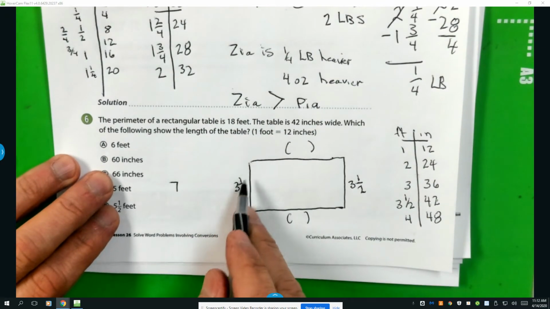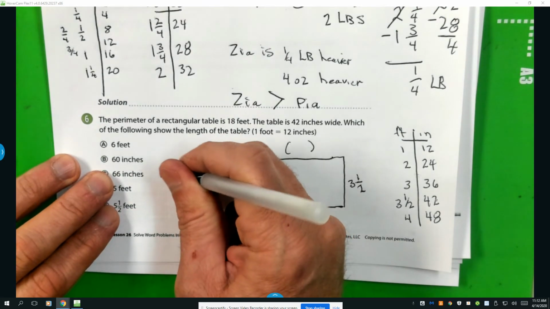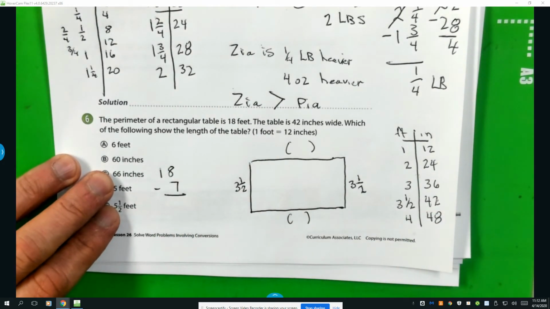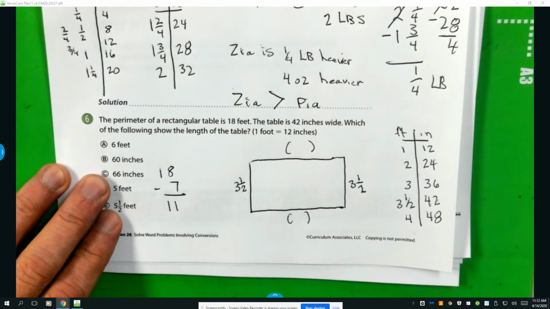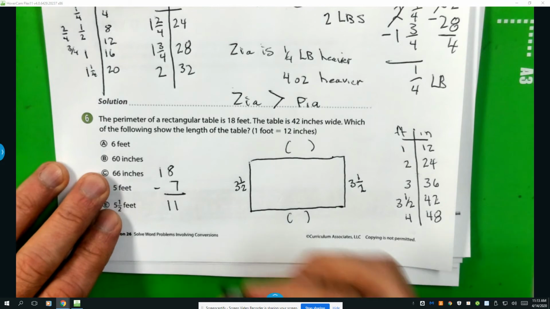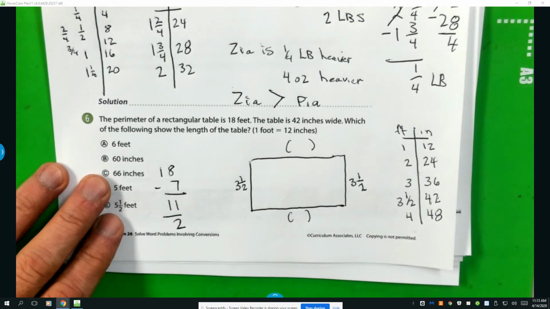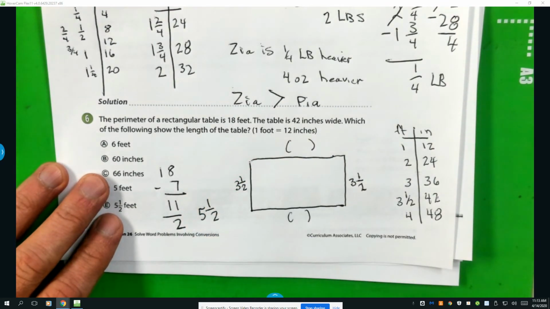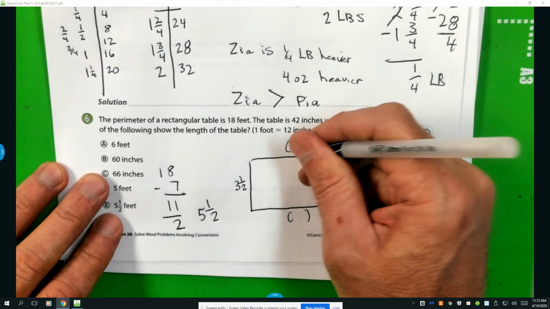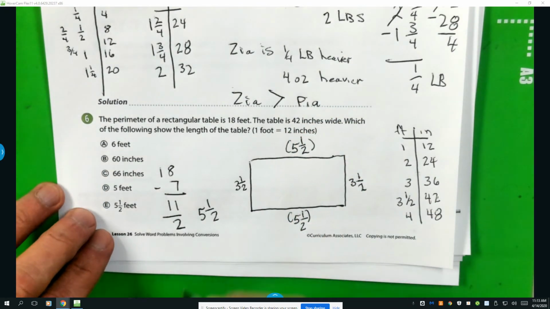Okay, and now I'm going to subtract that from 18 feet. 18 minus 7 is going to be 11. Okay, and I'm going to divide that by 2 because there's two sides. 11 divided by 2 is 5 1/2. Okay, so this is 5 1/2 feet. This is 5 1/2 feet.